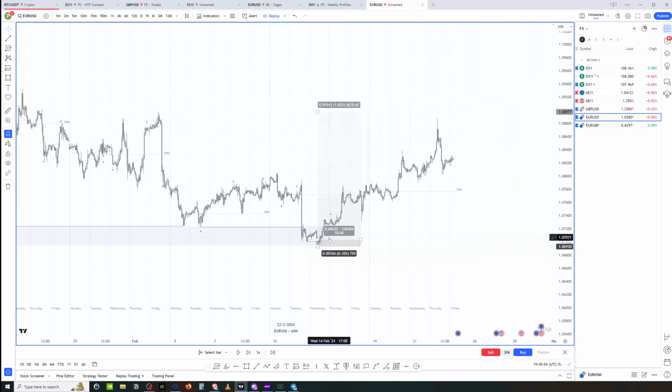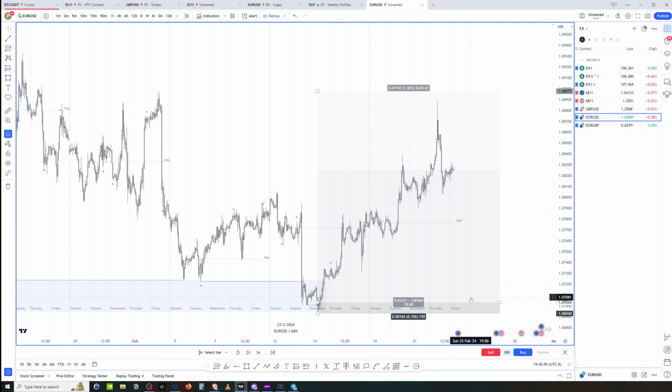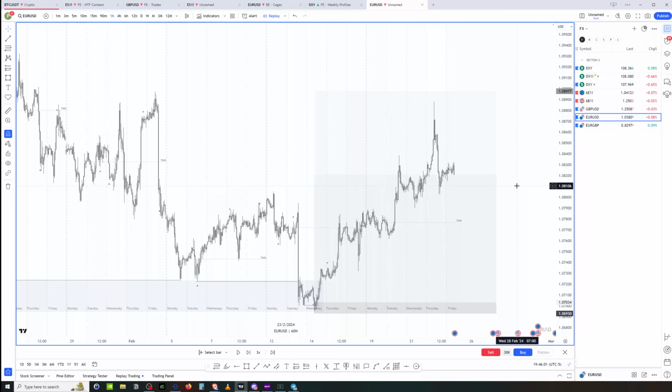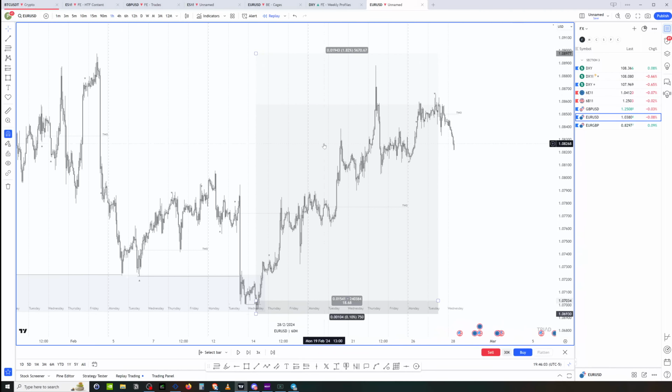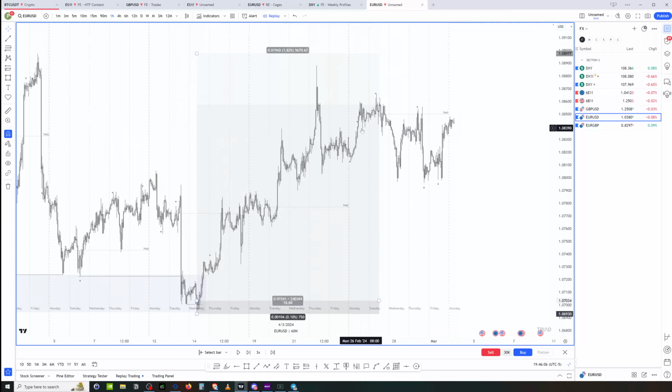Now, I'm showing you this because I'm just showing you why I love this model. Not to say that this is the be-all, end-all of every model and it's always going to work perfectly, because no, it doesn't.